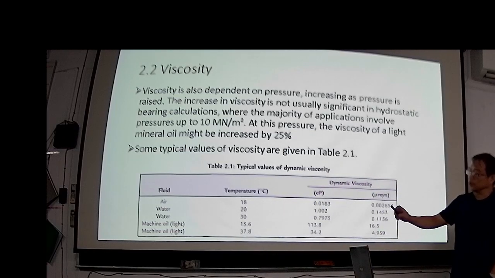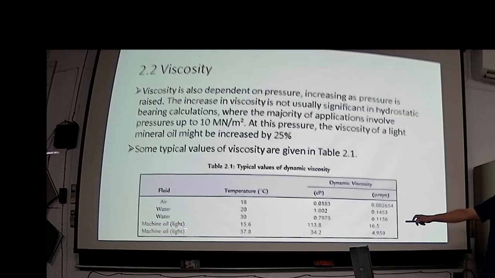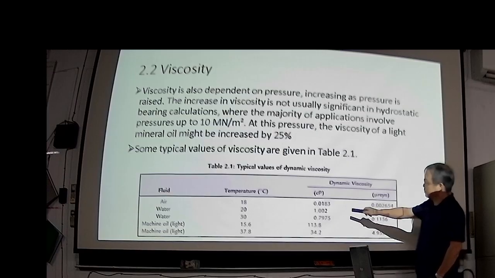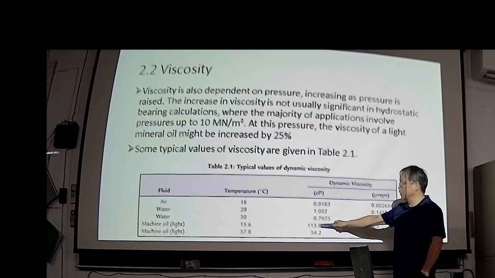So you can assume this is the fluid lubricant in an air bearing, this is the hydrostatic bearing using water as a lubricant, and this is the oil hydrostatic bearing. And here you can understand the difference between the air and the oil.